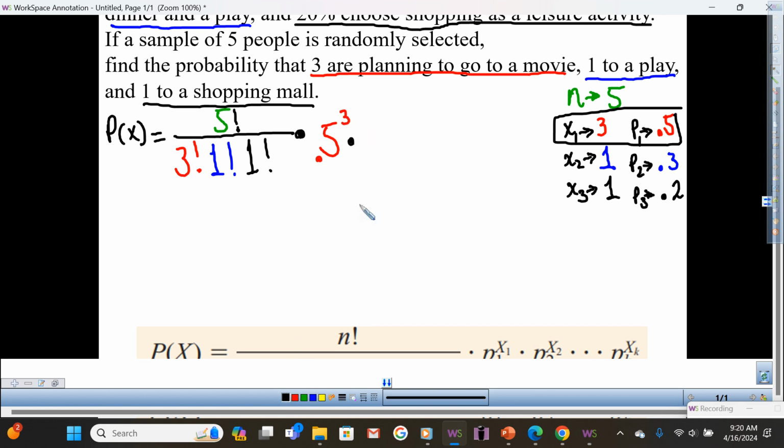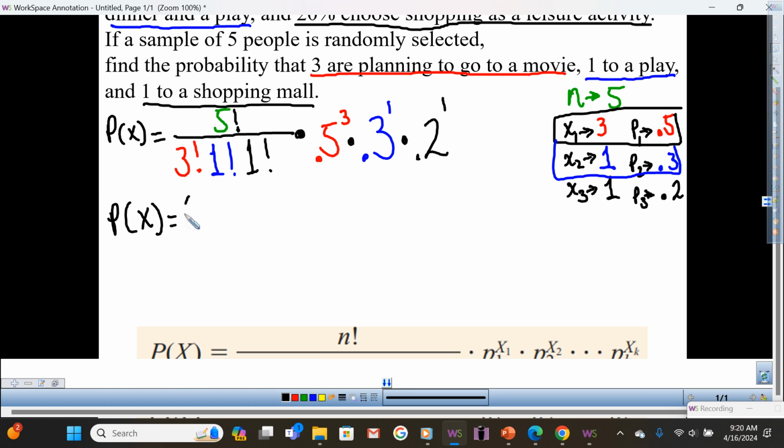Times the next one. 0.3 to the what? To the 1 times, last one is 0.2 to the 1. All right. Here we go.